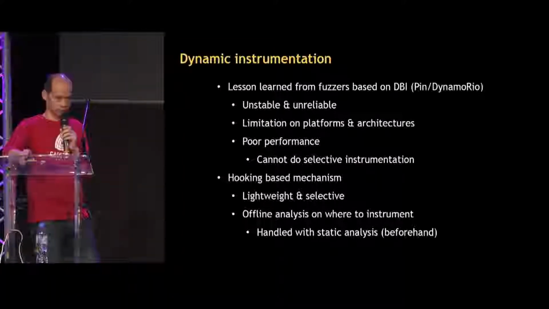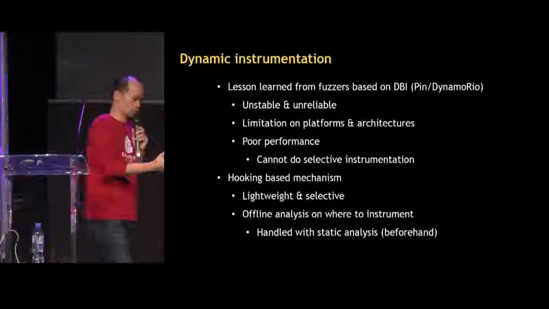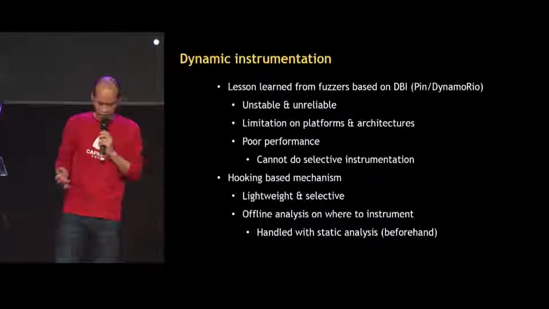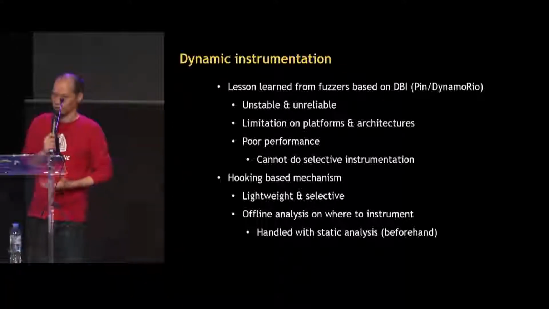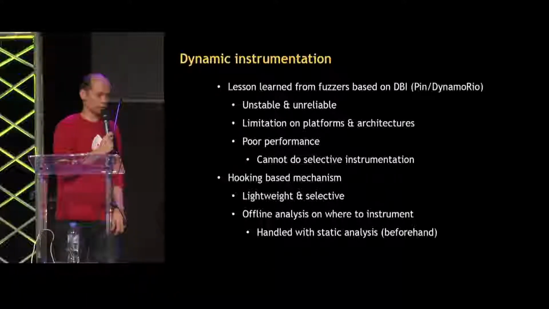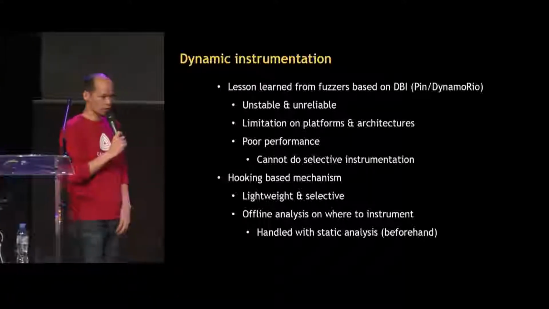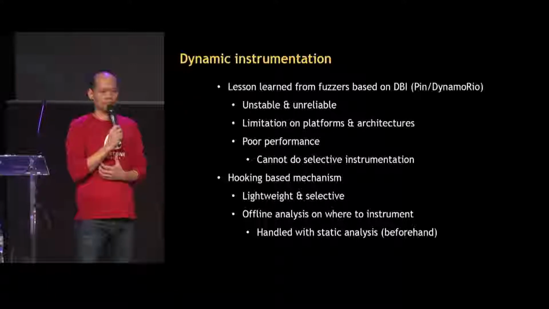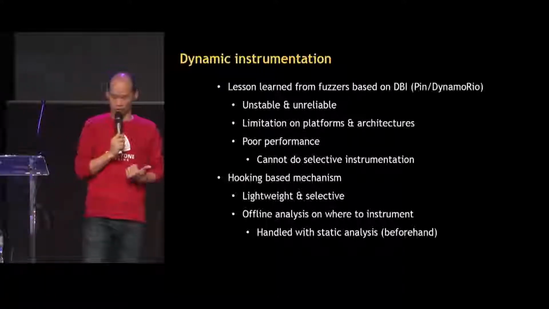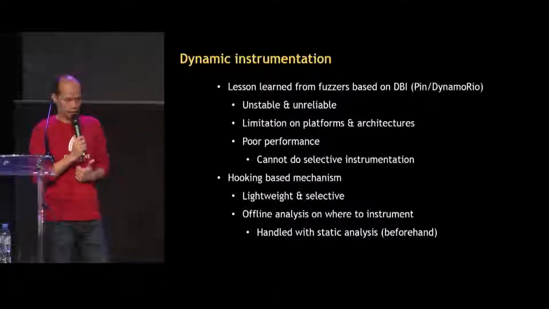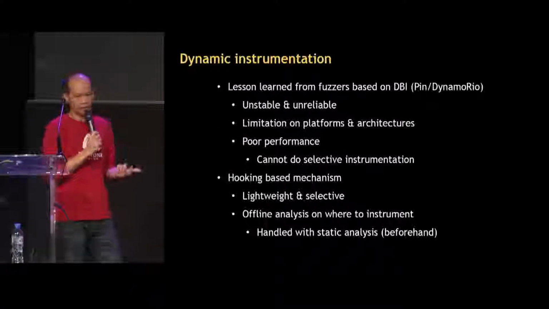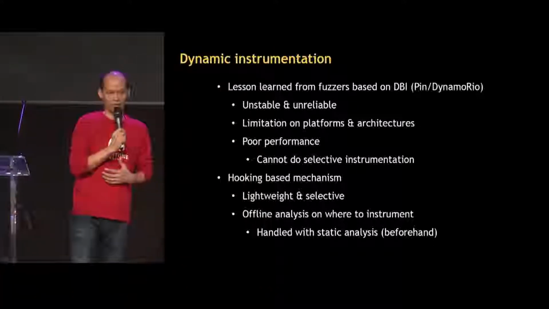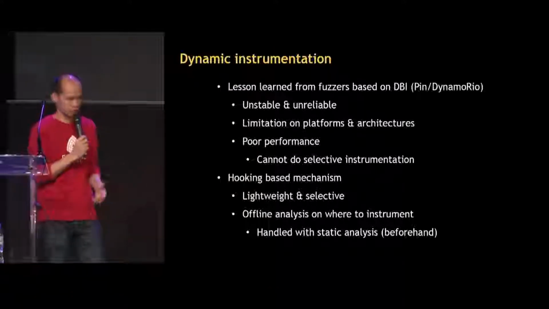Remember that we want to build a fuzzer to run on many platforms and many architectures. So we looked at the public guided fuzzers and learned some lessons. The public guided fuzzers are built on public DBIs like Pin or DynamoRIO, but there are many issues. Pin and DynamoRIO, even after a very long time of development, are still not very stable, not very reliable.